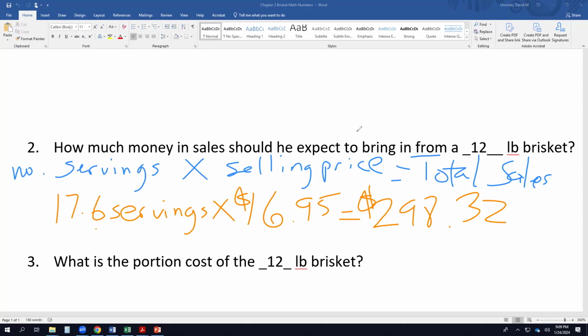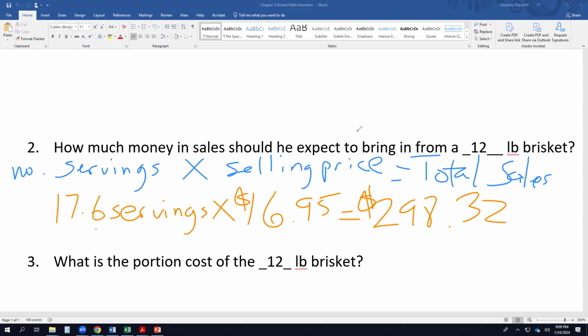Other thing is, when you're a big caterer, chances are you're not going to be serving just one brisket, so for every extra brisket you sell, that's an extra serving. So you have to decide: do you keep it 17.6 or do you make it 17? Whatever you decide is fine, as long as you're consistent for the rest of the way down.